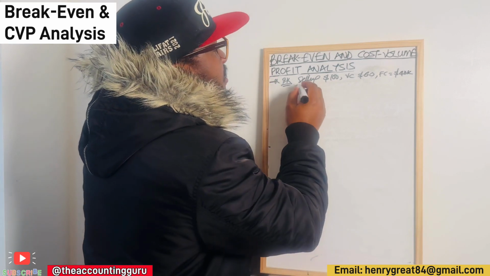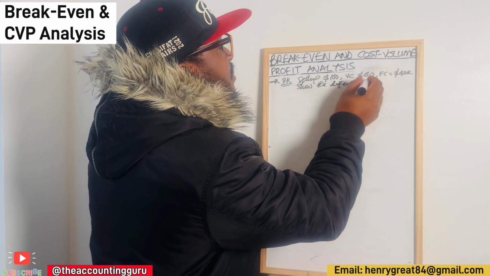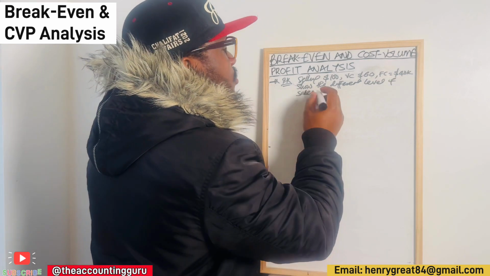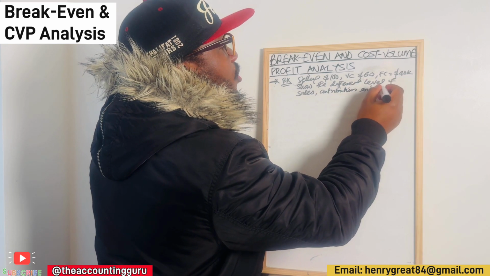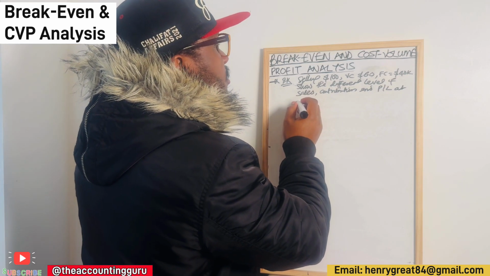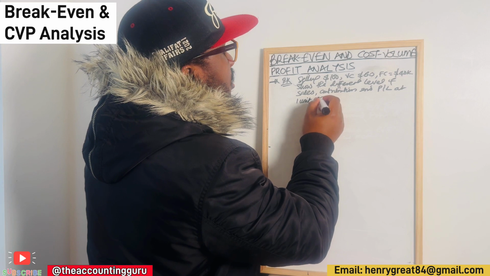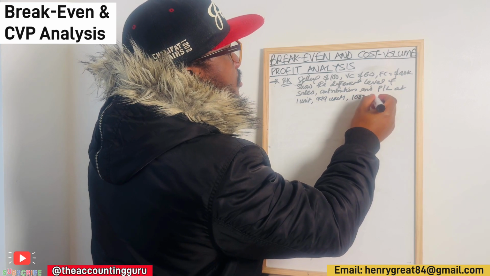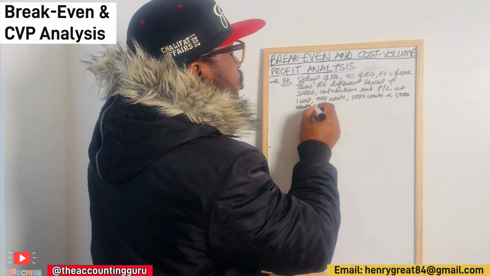Now the question is this: show the different level of sales, contribution, and profit or loss at say 1 unit, 999 units, 1,000 units, and 1,200 units sold.